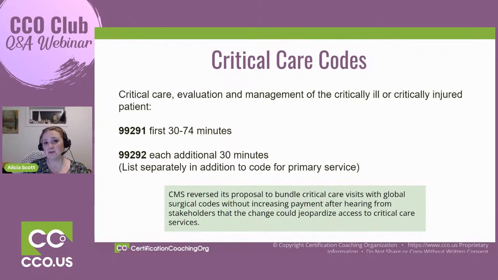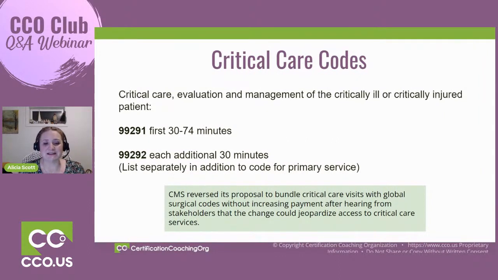For any of our listeners who are students and just learning coding, an add-on code means it is in addition to the parent code. So the parent code here would be 99291, and then to tell the rest of the story, it would be 99292, which usually constitutes, for CPT purposes, more time being in addition.